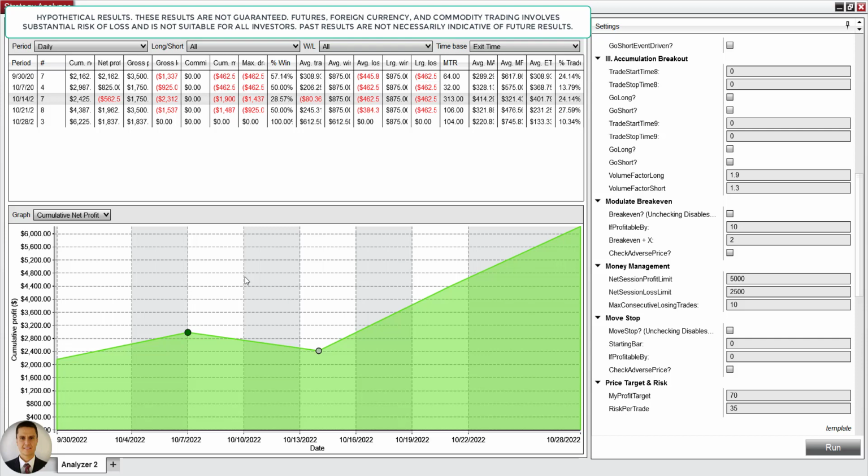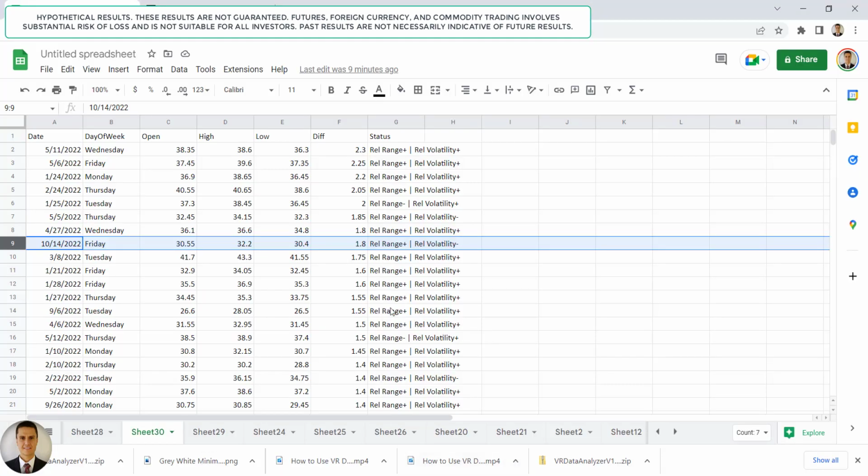So, using this data from VR Data Analyzer, one can potentially avoid bad days, and one can look at the information and determine, based on previous days that worked, what their risk to reward ratio is going to be.